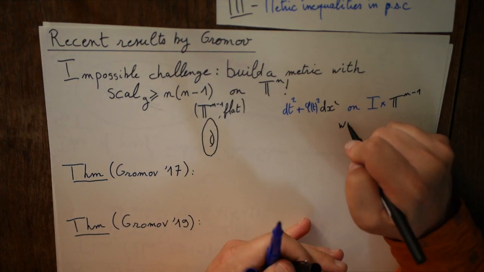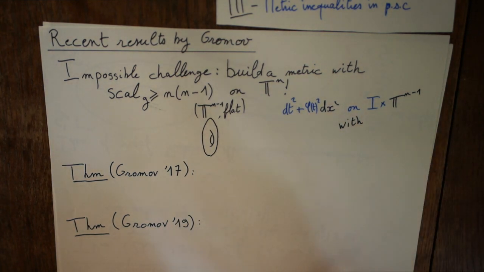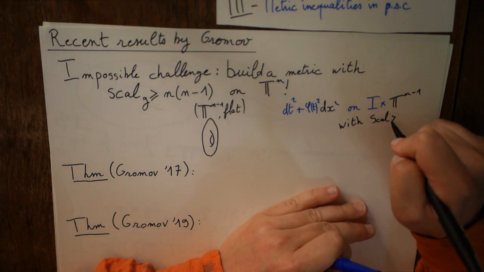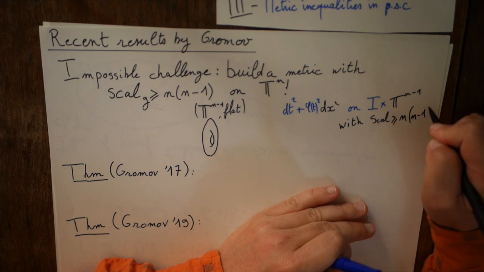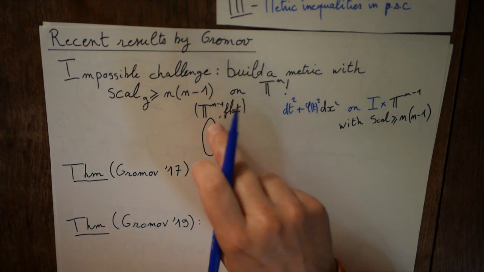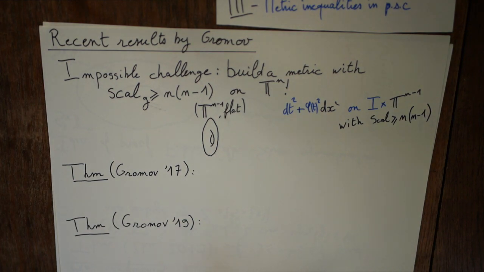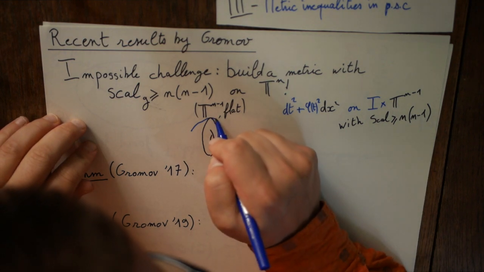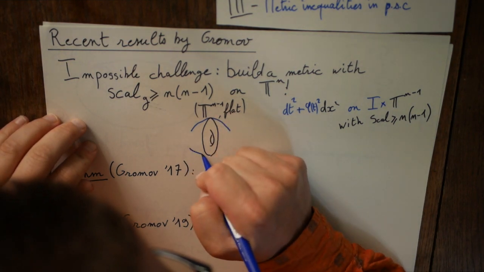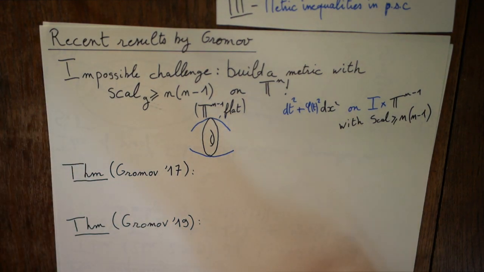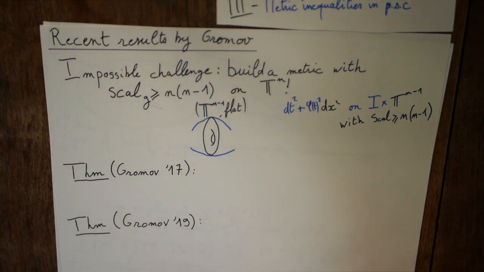And let's try to make it with scalar curvature greater than n minus 1. Okay, and so what will happen will be the following. There is no curvature in the direction of T^n, so if you want to get curvature here, you will have to bend. And if you bend in this direction, you will never be able to close this metric.